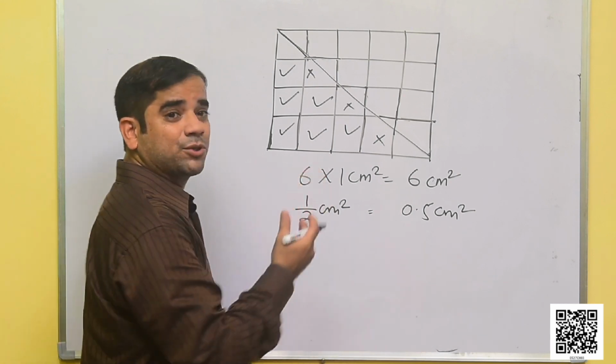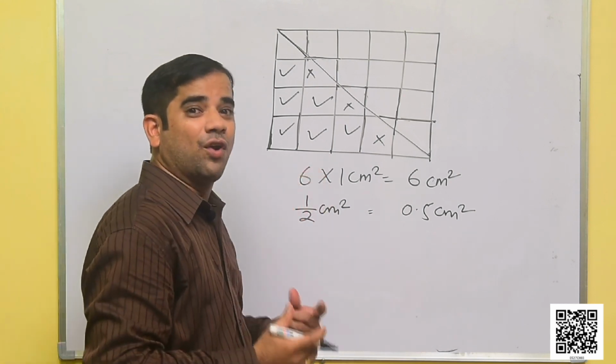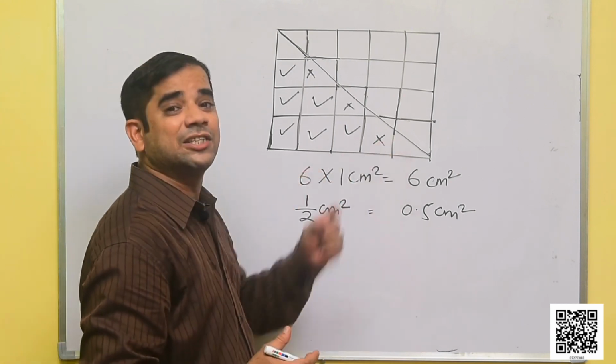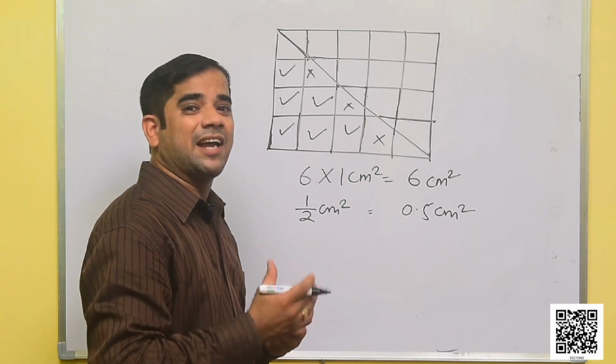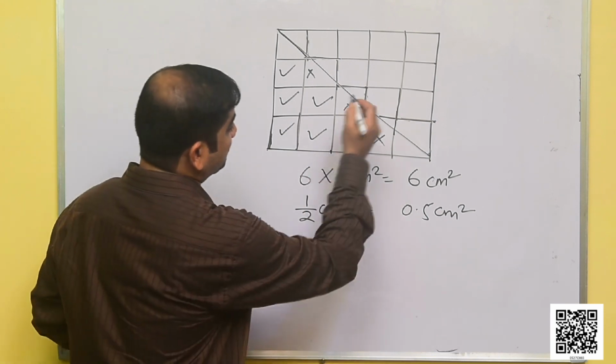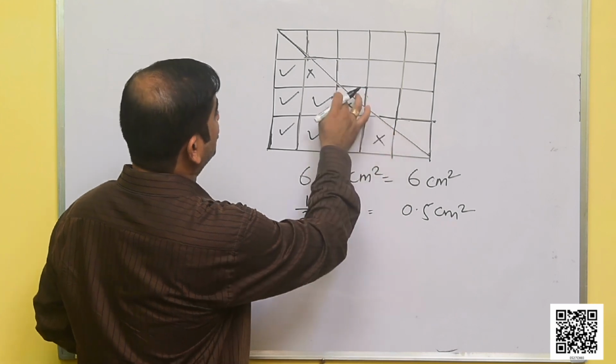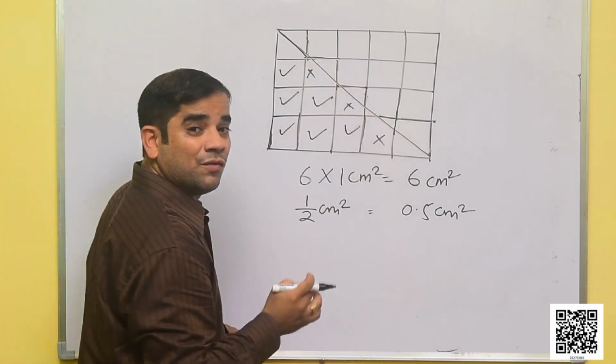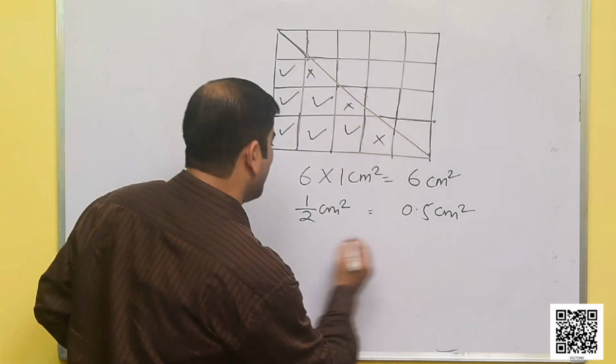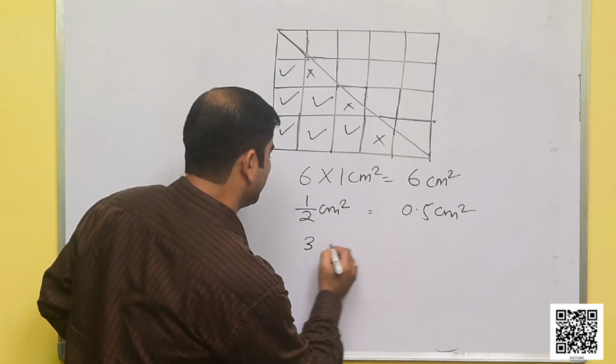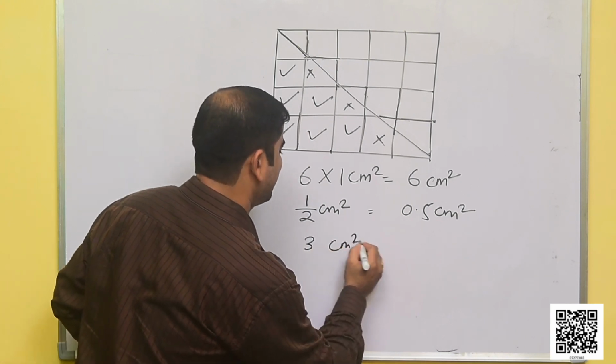The more than half squares, we have to take as full because we are neglecting the squares having less than half area. So we have 1, 2, 3 more than half squares. So it will give us 3 centimeter square.